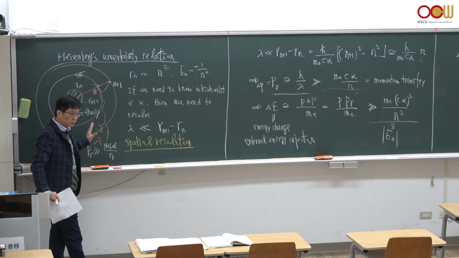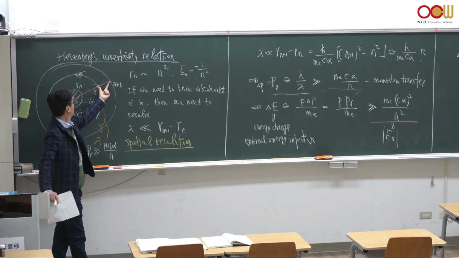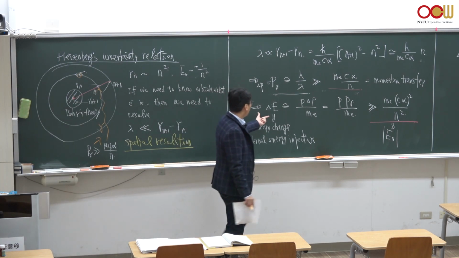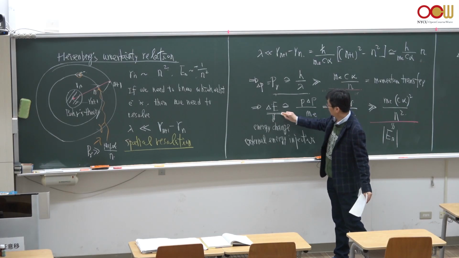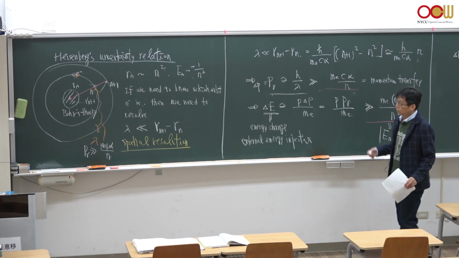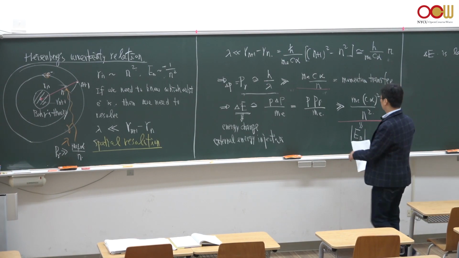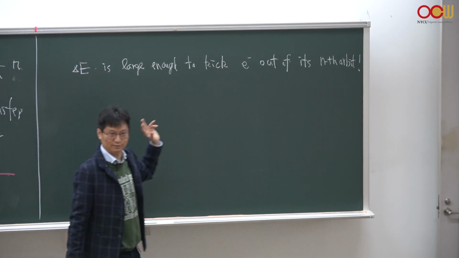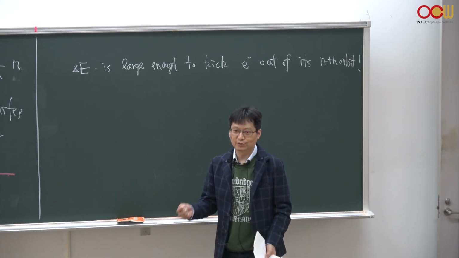But in order to resolve this tiny difference of radius between the nth orbit and the n plus 1 orbit, this photon beam has to be really high energy. And this high energy injection of a photon beam, to resolve which orbit the electron circles around the nucleus, is large enough to destroy this electron. Okay? And this is precisely what you want to avoid.